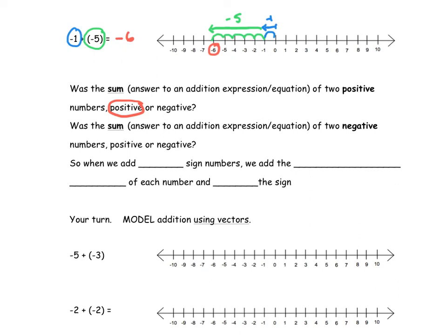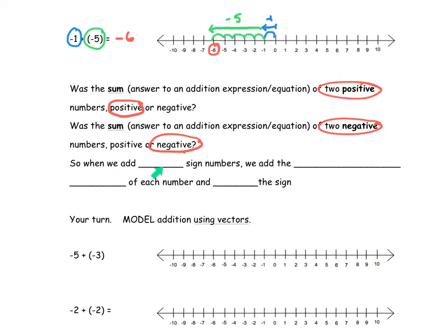So it turns out that every time we add 2 negative numbers, we get a negative answer. So let's circle that. So if 2 negative numbers give a negative answer, 2 positive numbers give a positive answer.